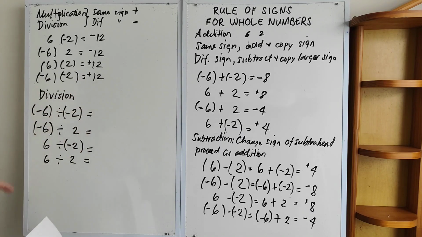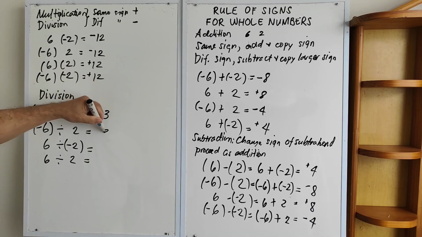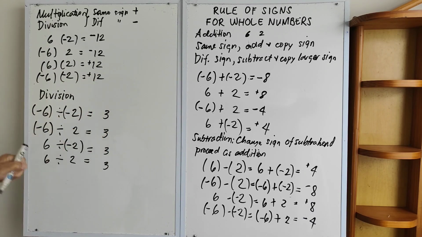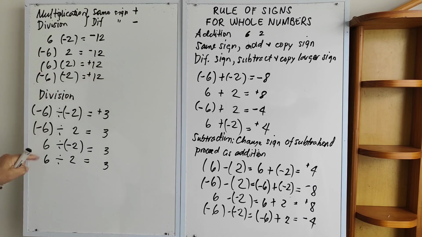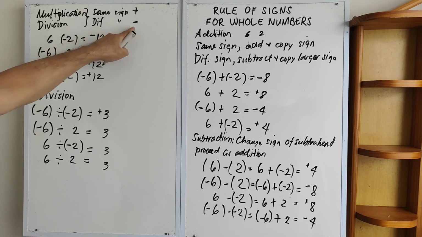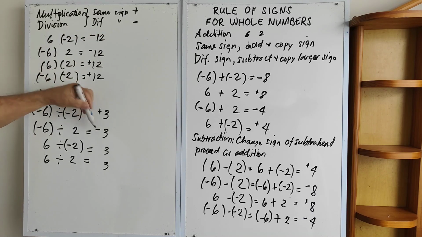In here, they would also have the same answer. 6 divided by 2 is 3. But then you will check the signs. Negative, negative, they have the same sign, so it becomes positive. This one now, negative and positive, they have different sign, so it becomes negative.